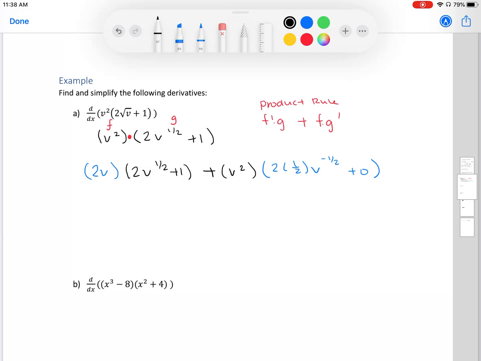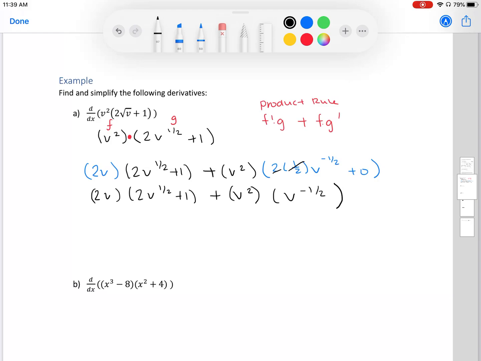Okay, let's go ahead and clean this up. So I have 2b times 2b to the 1/2 plus 1, plus b squared times, well, that just makes 1, so we're left with b to the negative 1/2 plus 0, so nothing's there.